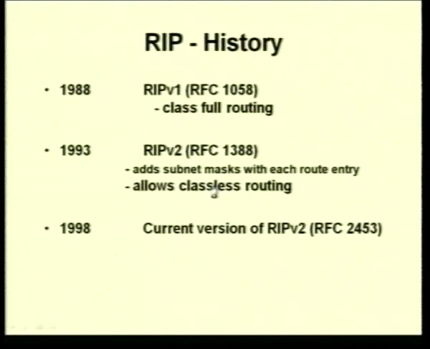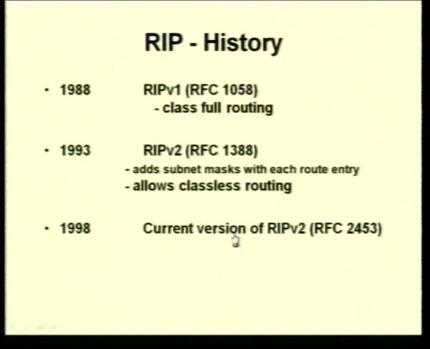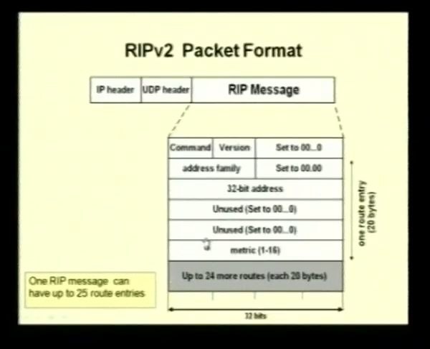We will understand what we mean by classless and classful routing when we take a look at the IP layer protocol in detail. But just remember that you have version 1, which was a primitive version, and version 2 took care of some of the advances that took place in the IP field. In 1998 the current version of RIP v2 was introduced, and that is the one that has pretty much been used.